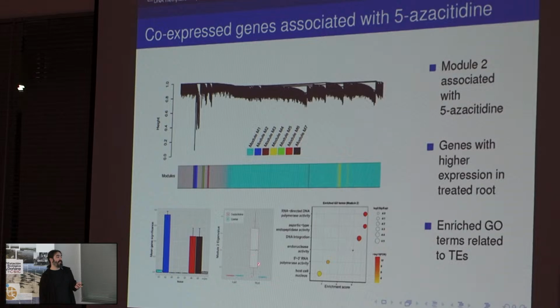We can see that the expression of the genes was mostly upregulated in the root, in the azacitidine treated root, and again the gene ontology terms that were overrepresented in the genes belonging to that module were related to transposable elements. So this is the transcriptomic part.